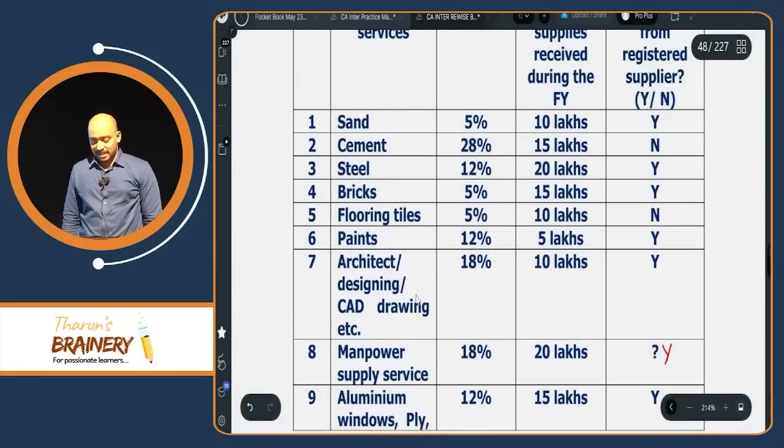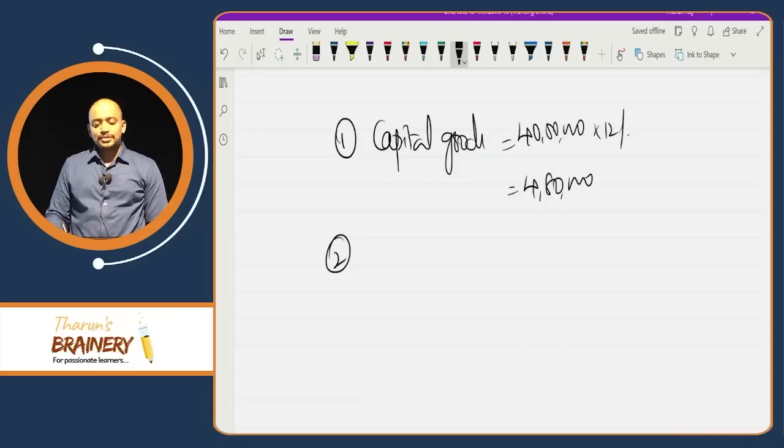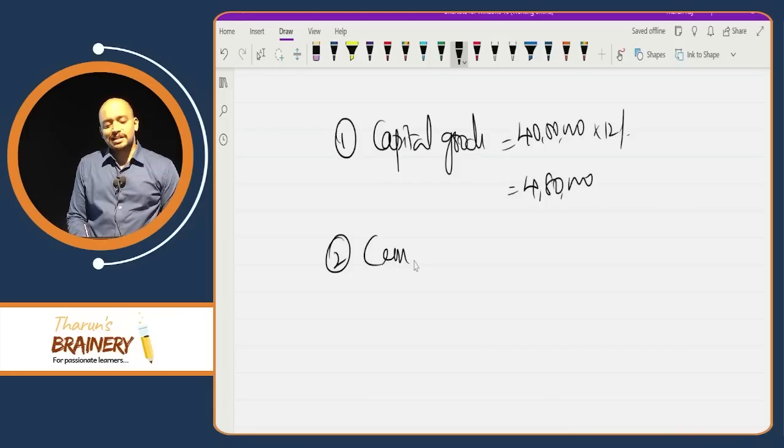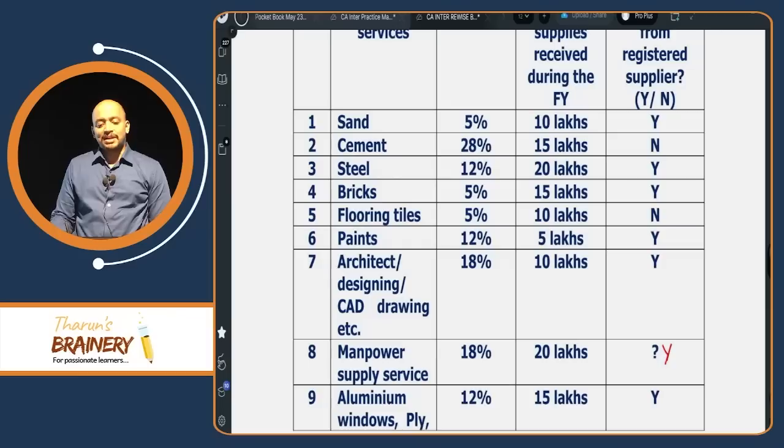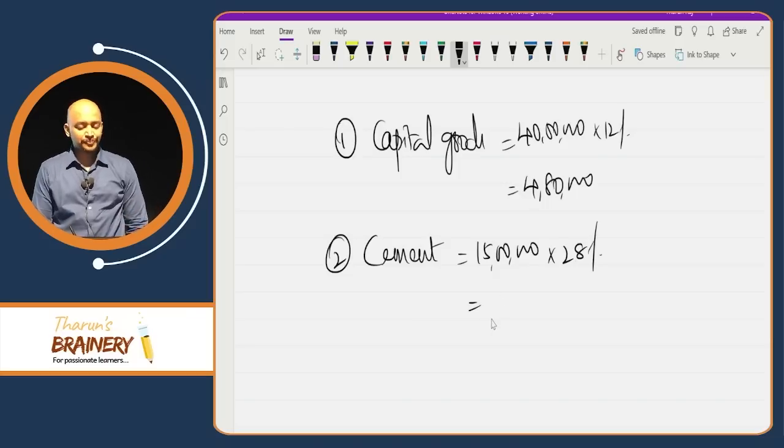Cement, 15 lakhs. Purchased from registered or unregistered? Unregistered. So, on cement we need to pay GST under RCM. What is the value of cement? 15 lakhs. What is the rate of GST? 28%. So 15 lakhs into 28%.